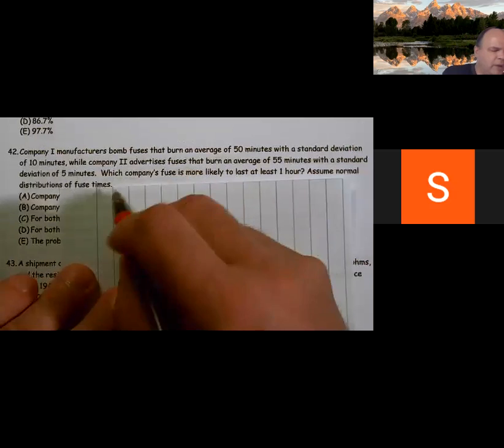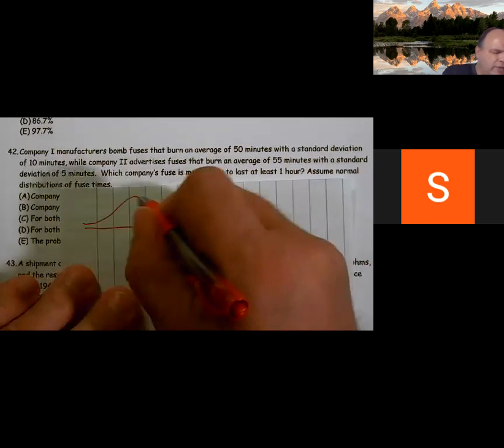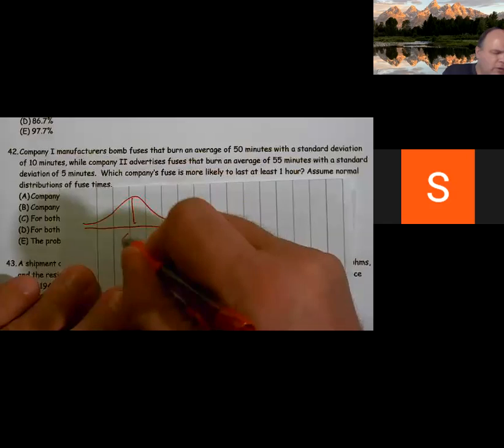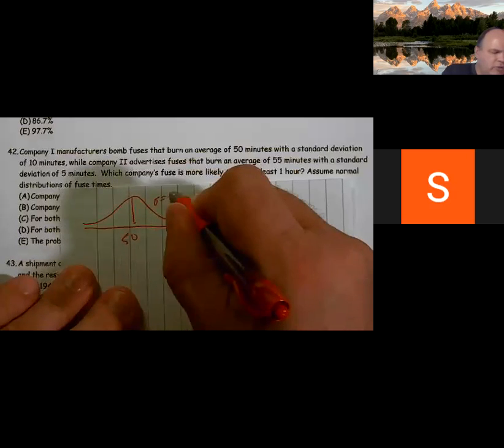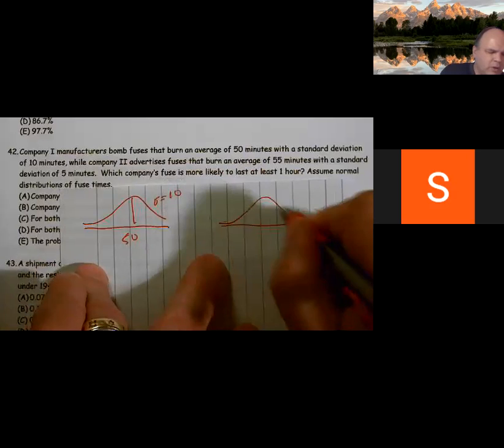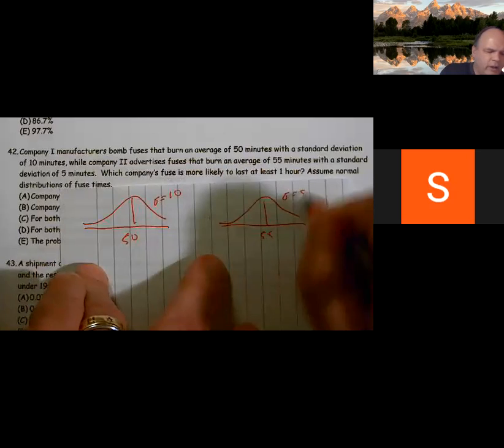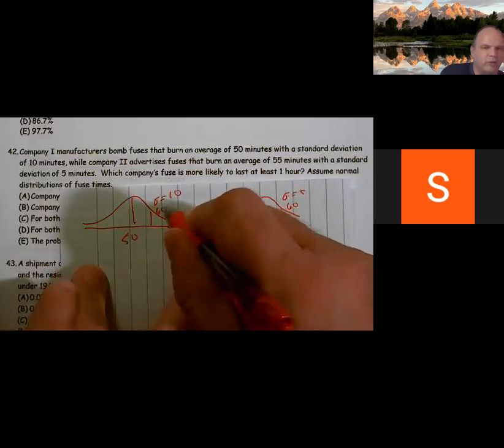So we have company one. Company 1 has a mean of 50 and a standard deviation of 10. Company 2, 55, standard deviation of 5. This one needs to be 60 minutes. This needs to be 60 minutes.